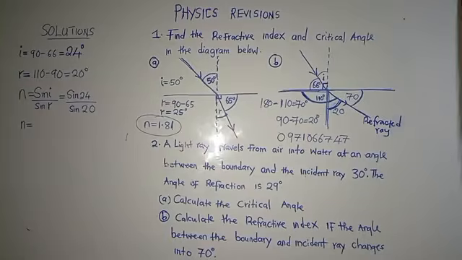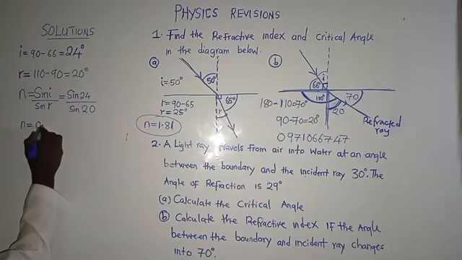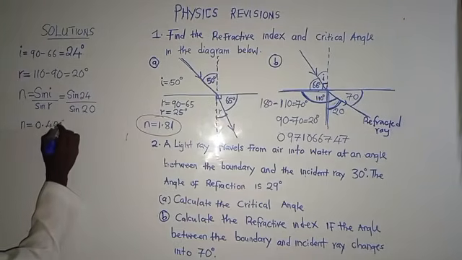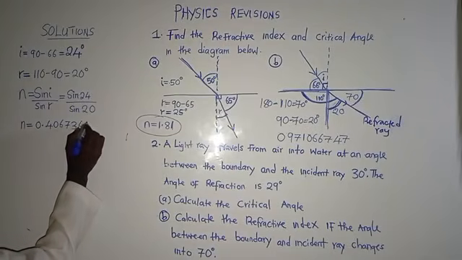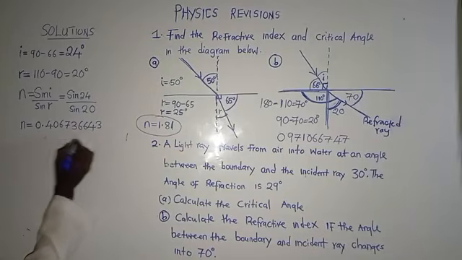Sine i, which is the angle of incidence, is the same answer that I'm also getting: 0.406736643, over. What about sine 20?